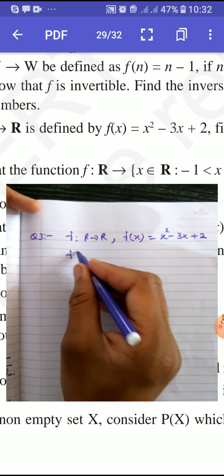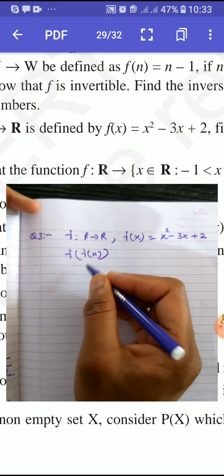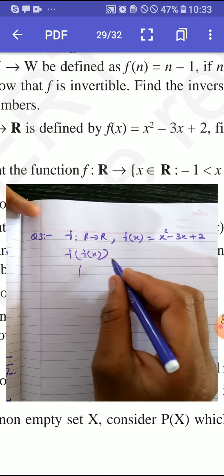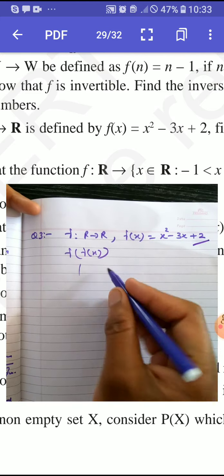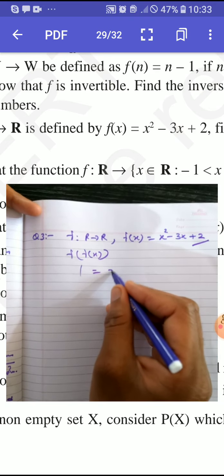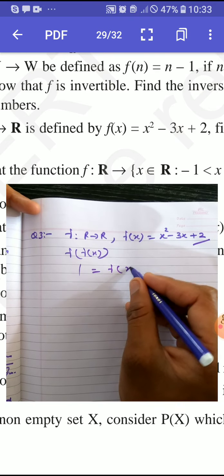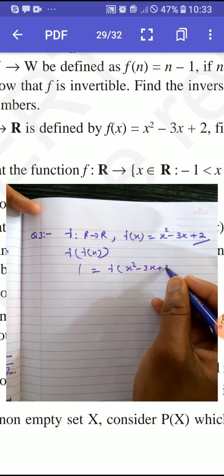You have to find f of f of x, means function over function. F of f of x means at first in place of f of x you will put the value of this function, okay, equal to f of f of x means x square minus 3x plus 2.